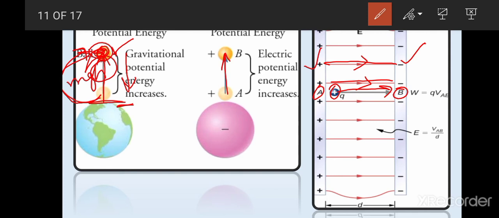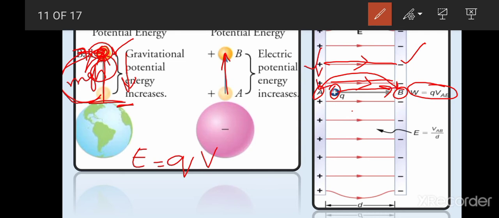In this case it will be W equals to QVAB. Here, because it is supplying the energy, we can say that the energy supplied by the charge is actually QV, where V is the potential difference between the points A and B.